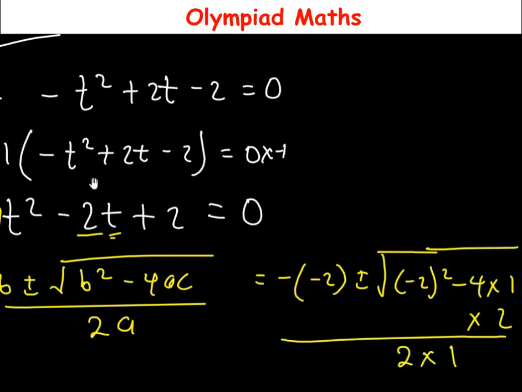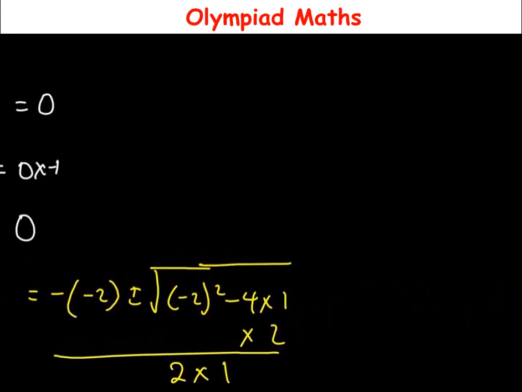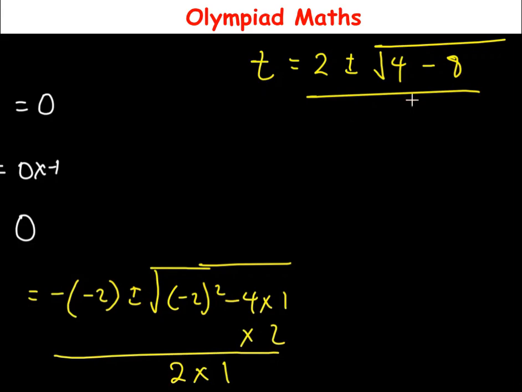So from here, t is equal to minus times minus 2 is plus 2, then plus or minus square root, minus 2 squared is 4, then minus 4 times 1 times 2 is 8, then all over 2 times 1 is 2.